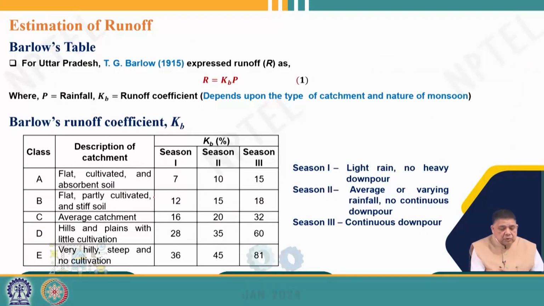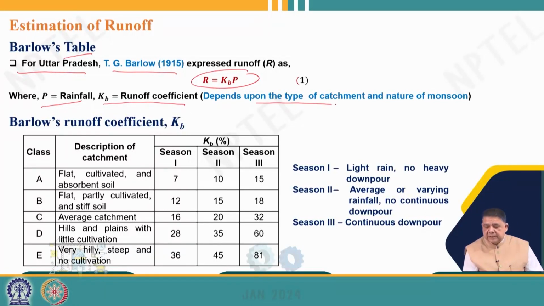Then we have Barlow's table, which was developed for Uttar Pradesh by T.G. Barlow in 1915. He expressed runoff in this form: R is Kb times P, where P is the rainfall and Kb is the runoff coefficient, which depends upon the type of catchment and nature of monsoon. Basically, he divided the catchment into different classes A, B, C, D, E, having different descriptions. A is flat, cultivated and absorbent soil, whereas at the other extreme, E is very hilly, steep and with no cultivation.